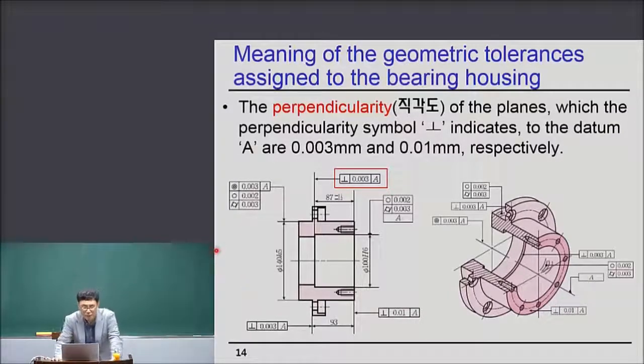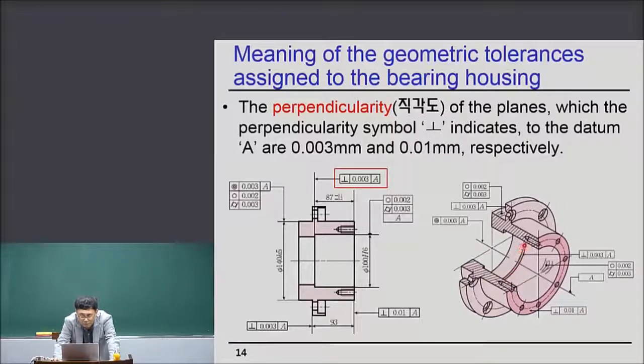So the plane which designates this symbol is this plane. Let's follow this line. Then you see this small plane here.